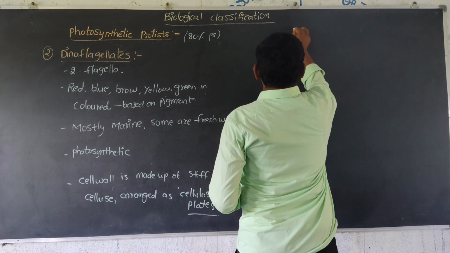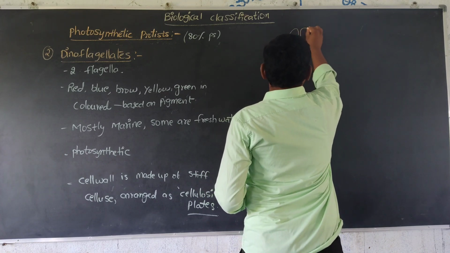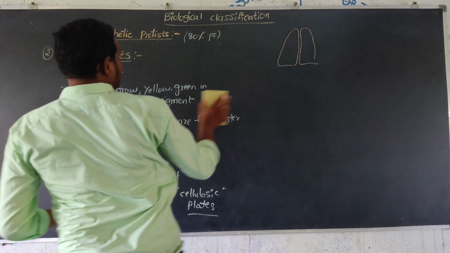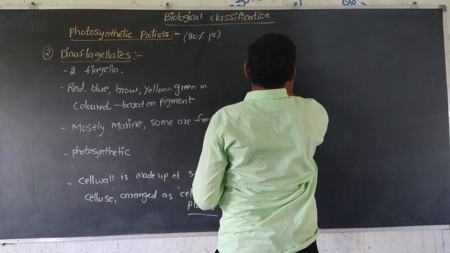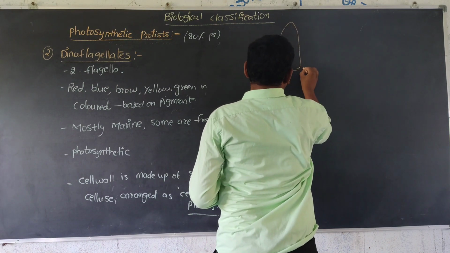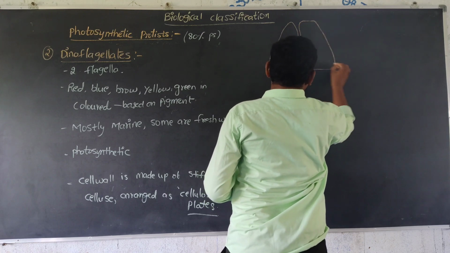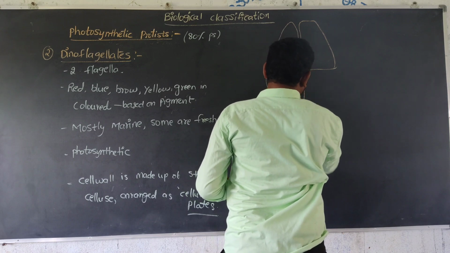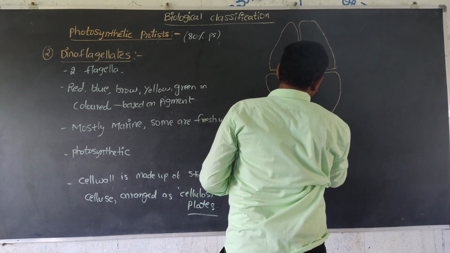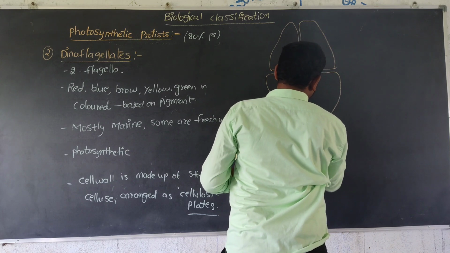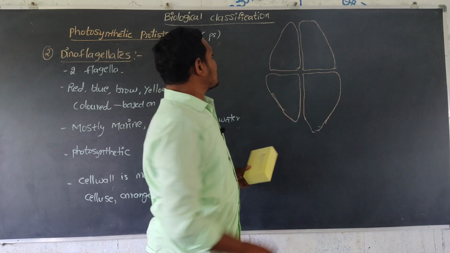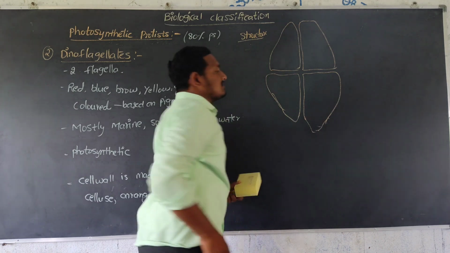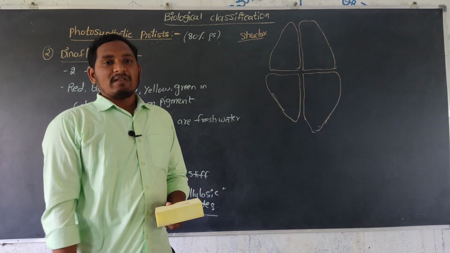This is the dinoflagellate structure. In the structure, the cellulose is arranged in 4 plates.